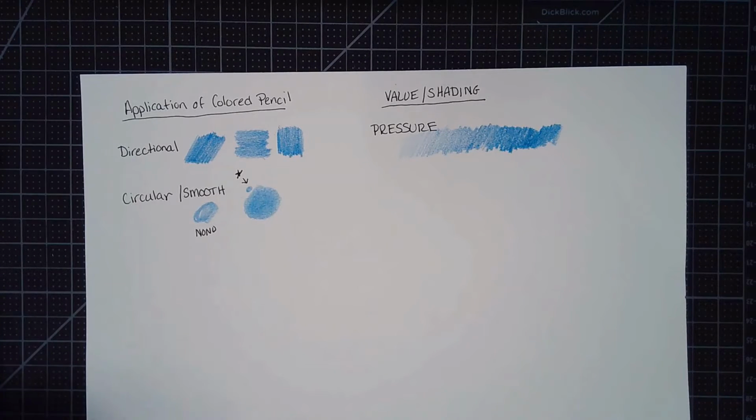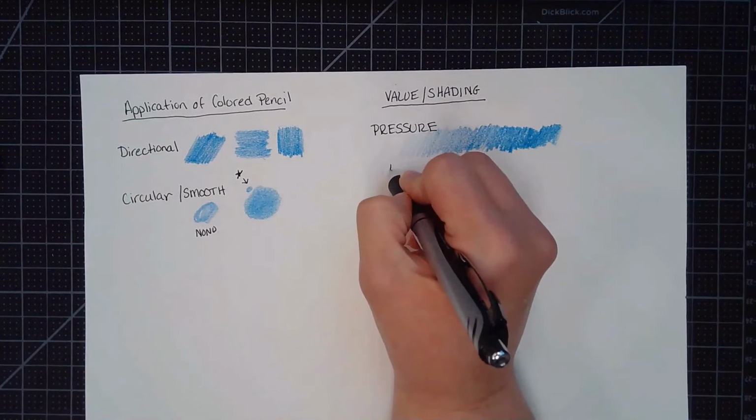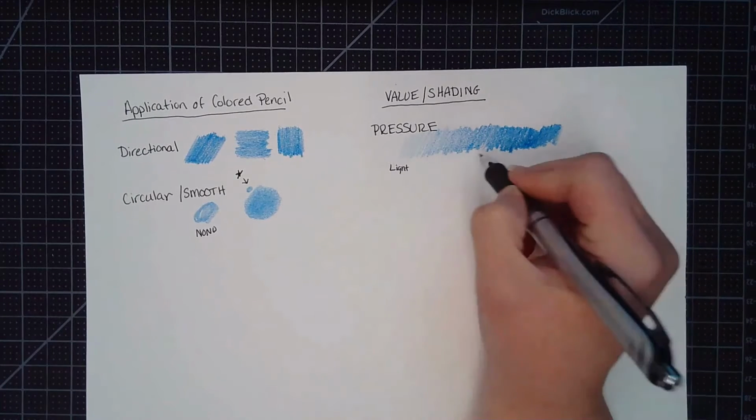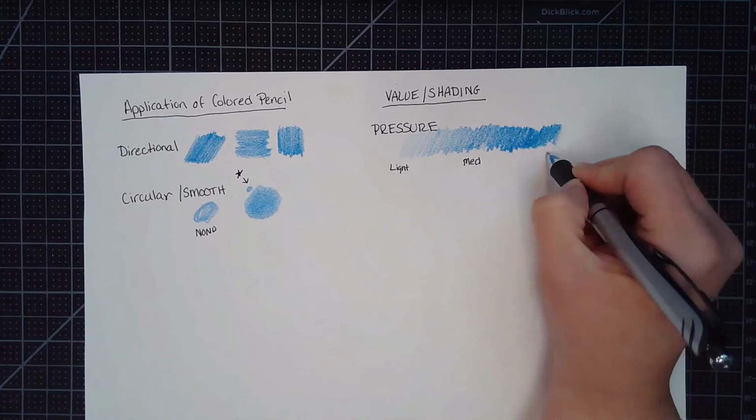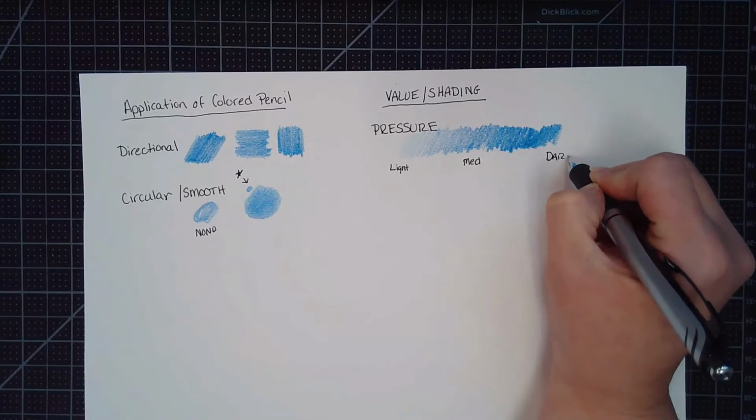So I have light values, I have into the medium range, and of course dark values.